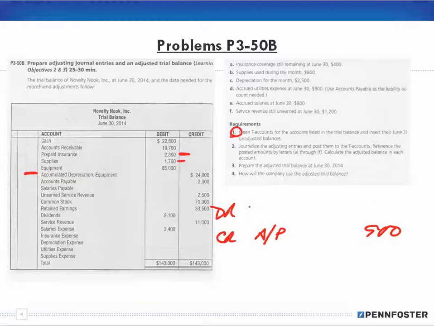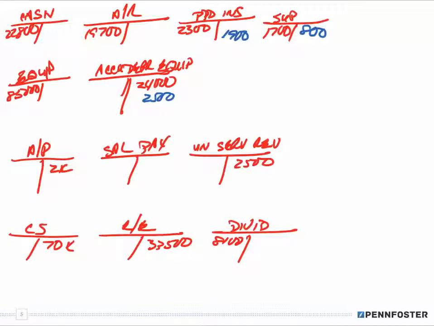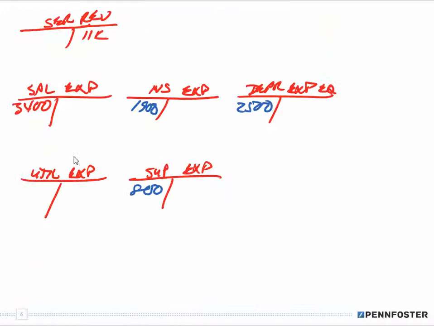Debits have to equal credits, so I'm going to debit utility expense, which makes sense because my expenses go from 0 and increase by 900. So when I post that entry, I am crediting accounts payable by 900, and debiting my utility expense by 900.